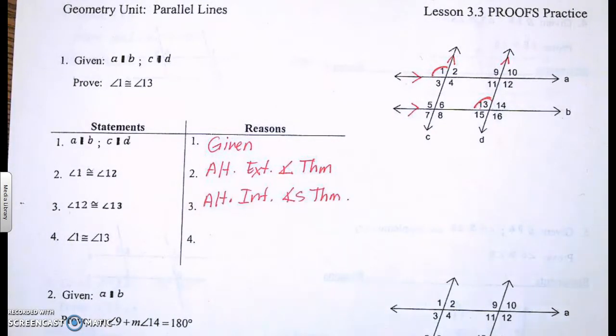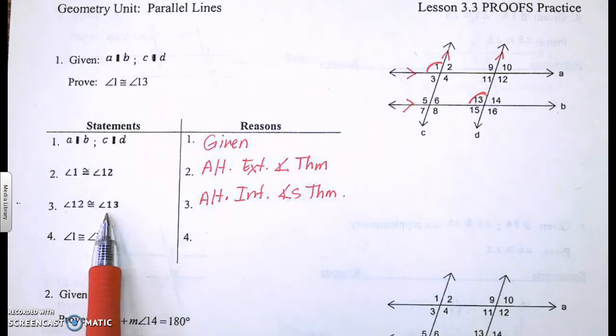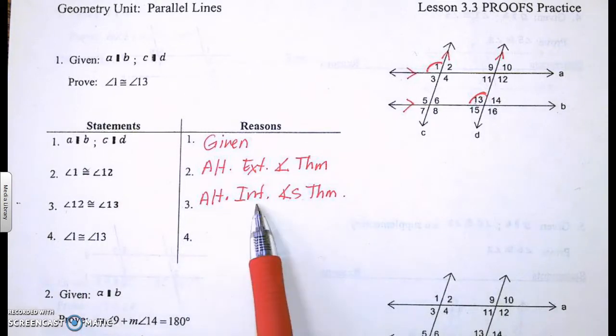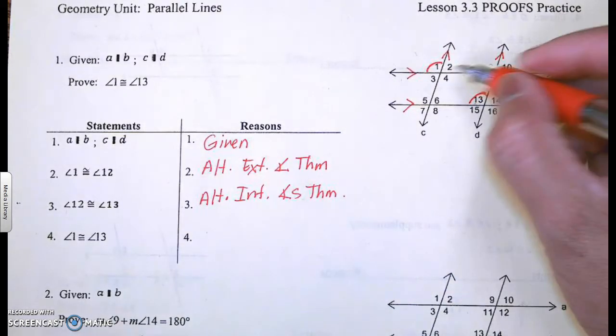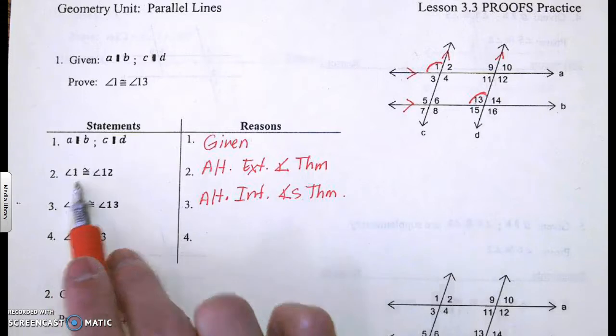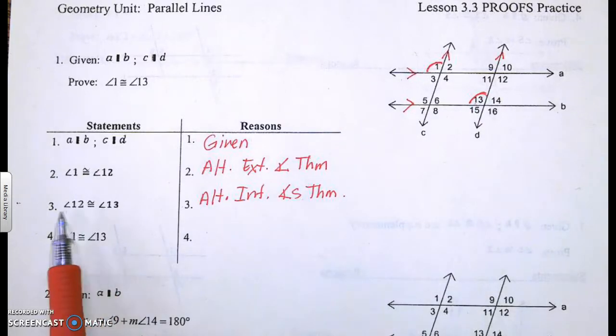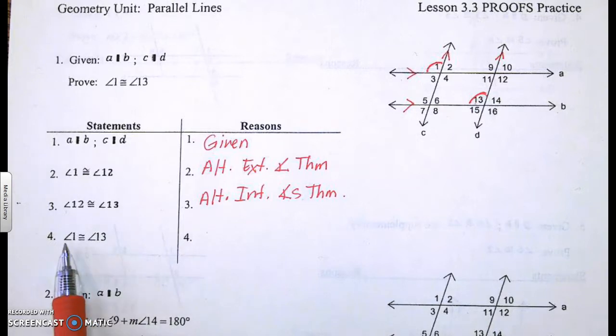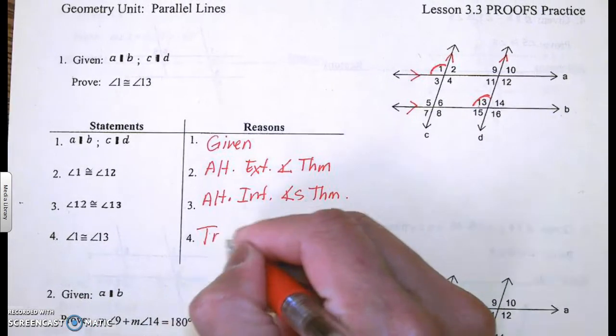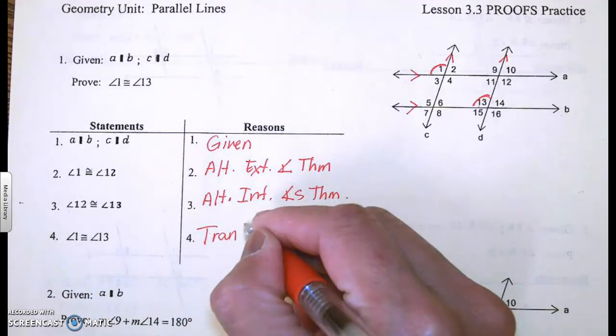So our reason for angle 12 and angle 13 being congruent is the alternate interior angles theorem. And then now after saying that angle 1 is congruent to angle 12 and then angle 12 is congruent to angle 13, we can therefore conclude that angle 1 is congruent to angle 13 by the transitive property of congruence.